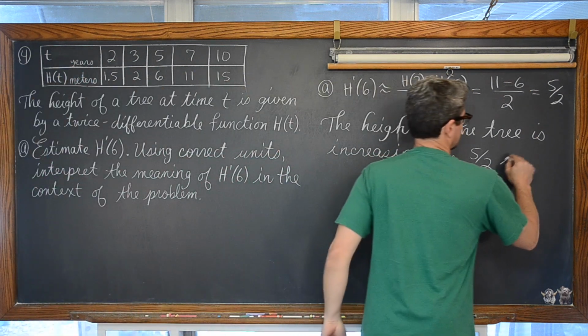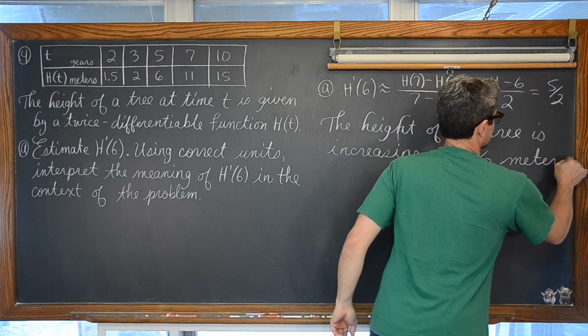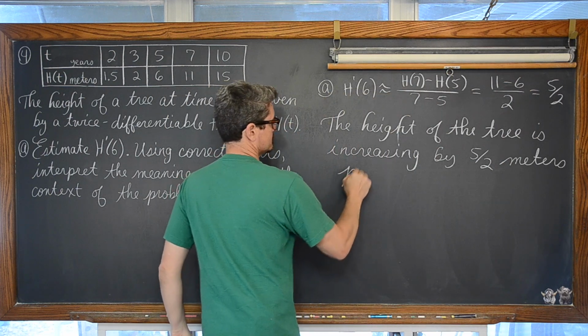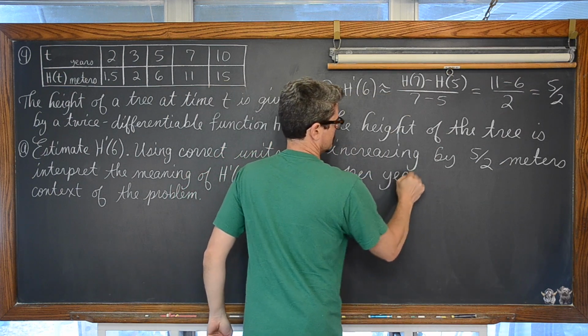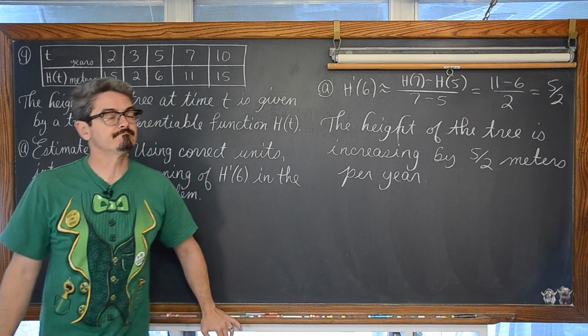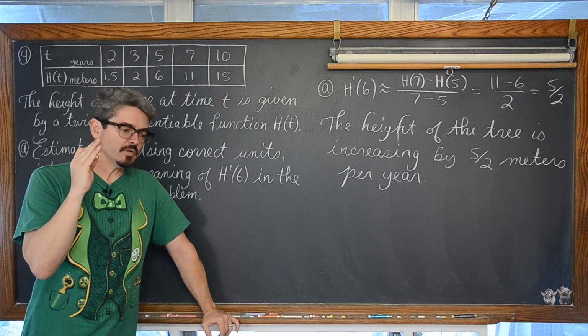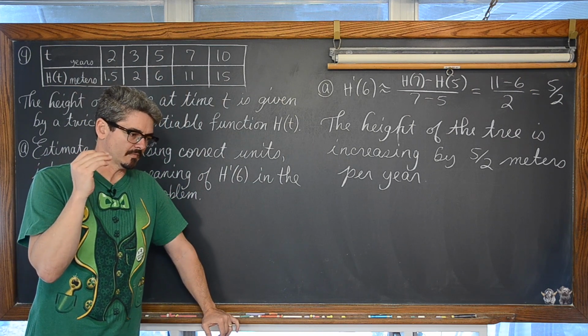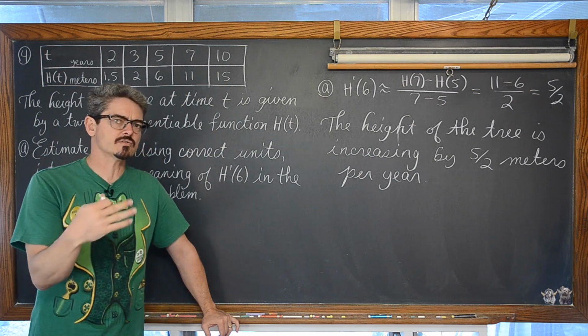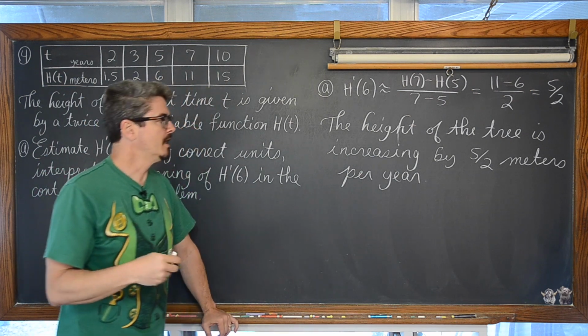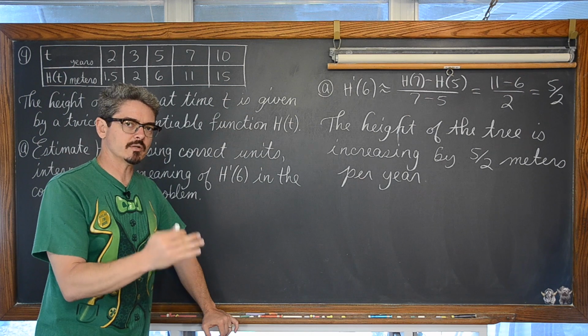So make sure again you use those correct units of measure. And if you stop there, you're not going to get full credit. Whenever you talk about the amount of change, rates of change, area, derivative, whatever, you need to be specific about the time period in which you're measuring this.